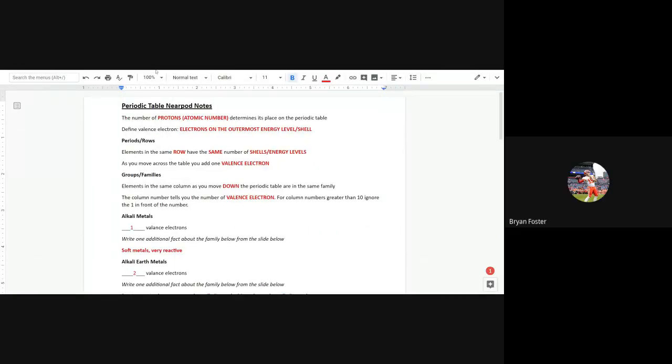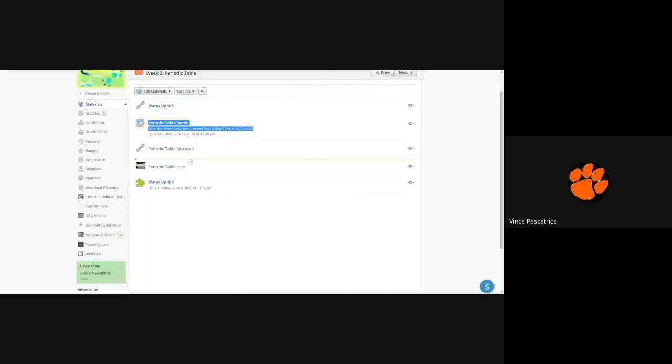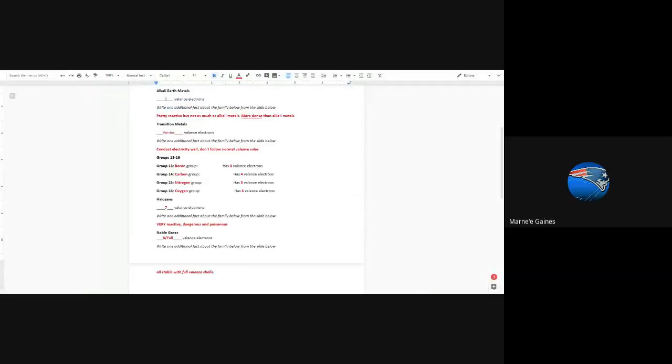You can click on this periodic table Nearpod and then go through the slides and fill in the notes. When you're done, you submit it in this assignment. I can throw the notes up for a little bit longer. So if you're stuck, make sure you do that.